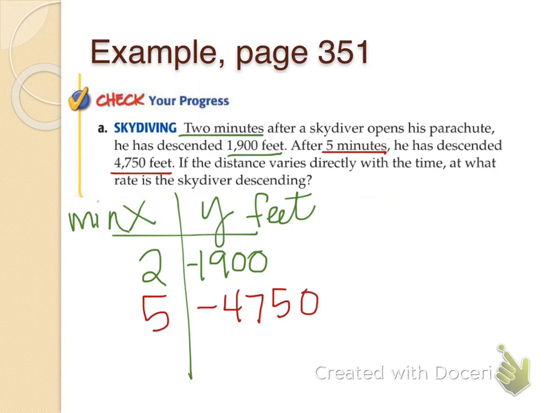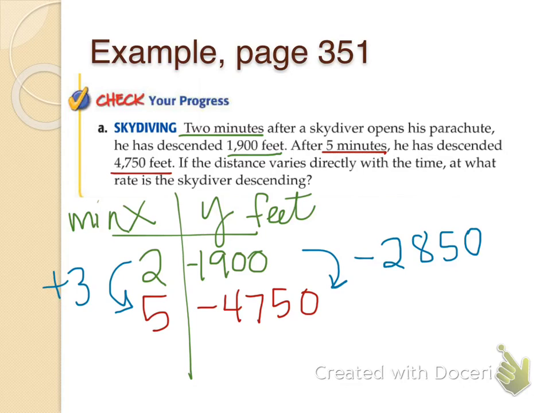All right, so on the left, from 2 to 5 is plus 3. On the right, from negative 1,900 to negative 4,750, we drop down 2,850. So from negative 1,900 to negative 4,750, he goes down negative 2,850.